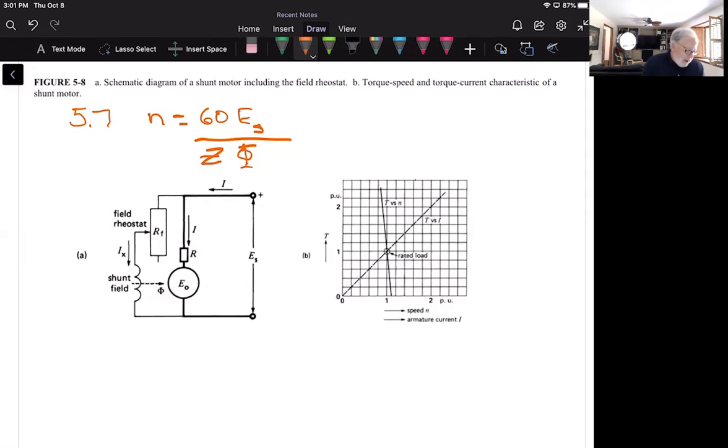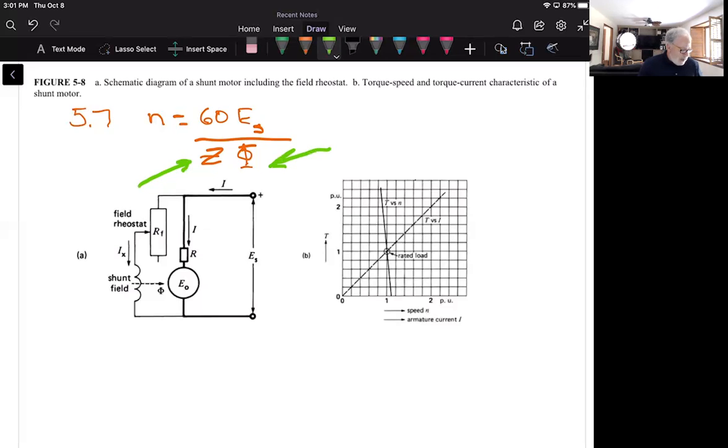So anyway, with this equation 5.7, he says we're going to keep the source voltage steady, and knowing that the number of conductors we can't change once the motor is designed and built, what are our options? Our option is to change the field.